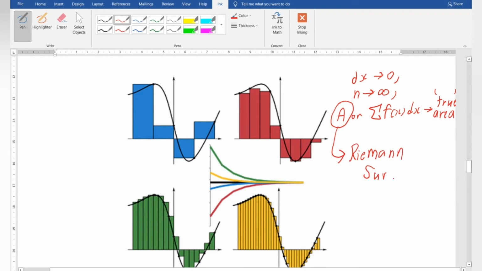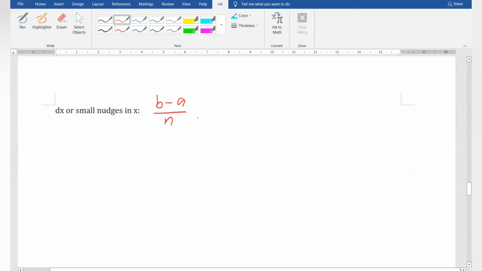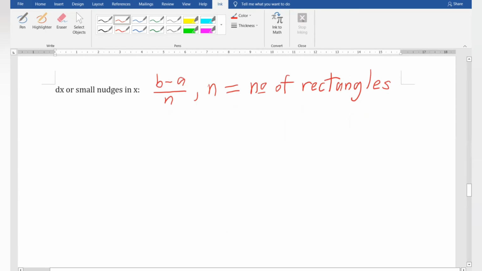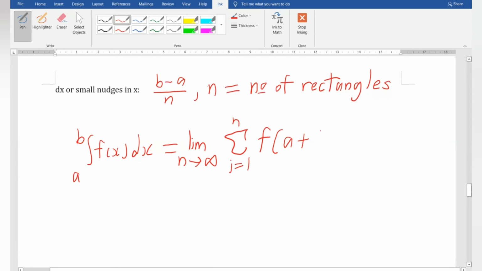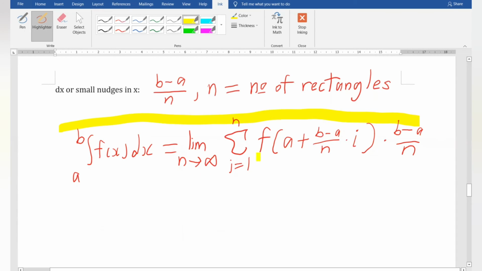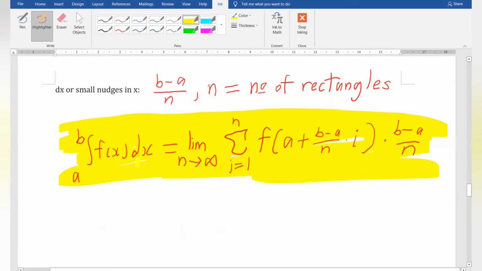This sum of area A is also known as a Riemann sum. We can express dx of small nudges in x as (b minus a) over n, where n is the number of rectangles. We can rewrite the area under one curve as the sum of areas of all rectangles with length (b minus a) over n, multiplied by the value of f at that point, which we can surmise using this expression, a plus ((b minus a) over n) times i.